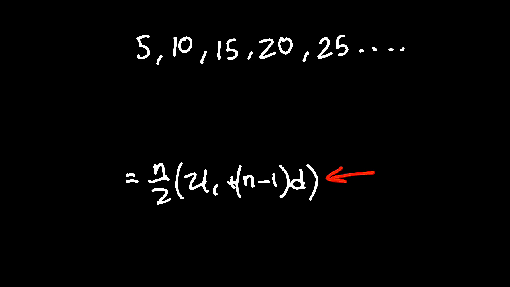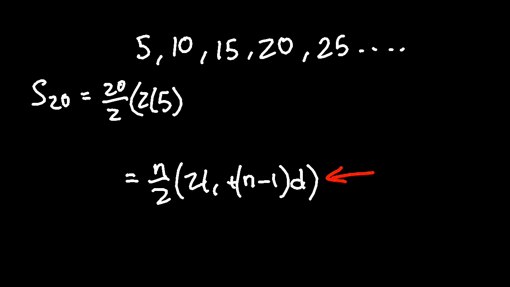So S20 is equal to 20 over 2 times 2 times 5 plus 20 minus 1 times our common difference, which is, to go from 5 to 10 is 5, 10 to 15 is also 5, so common difference is 5.